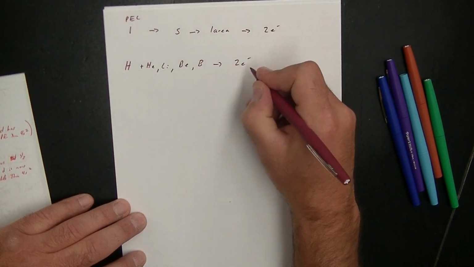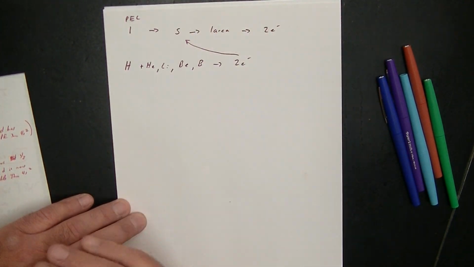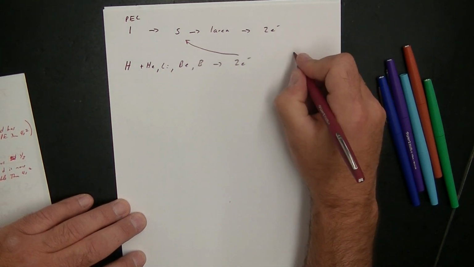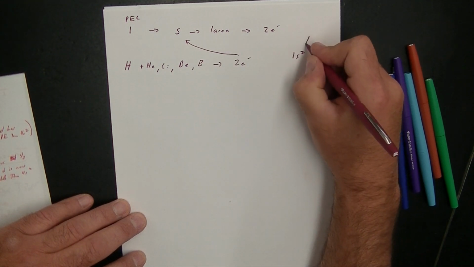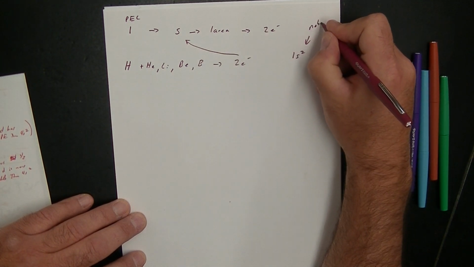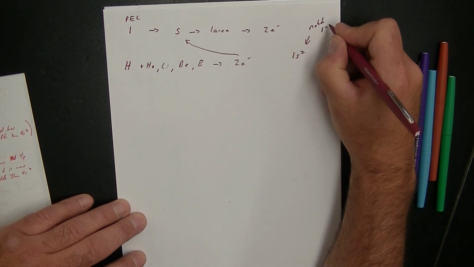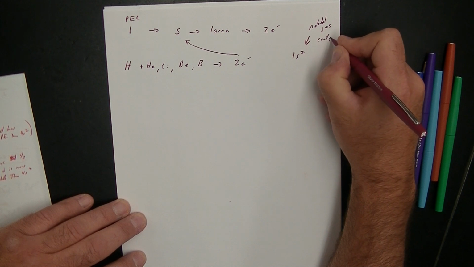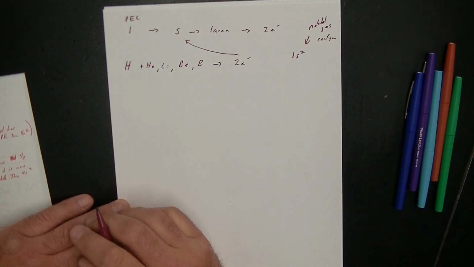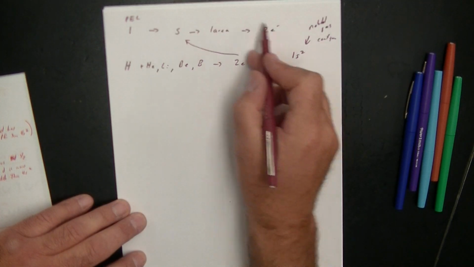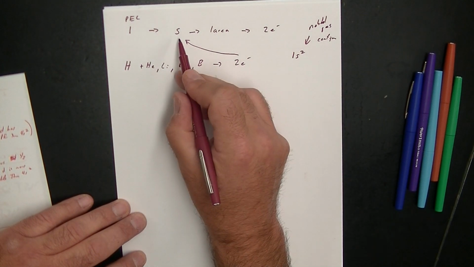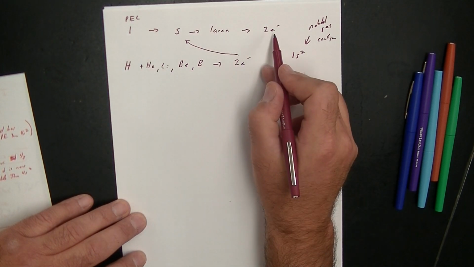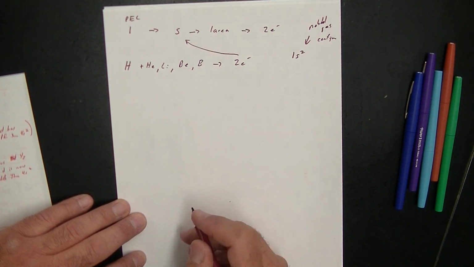And the reason is they're going to fill that 1s orbital. So they get an electron configuration of 1s2, which is a noble gas configuration, which is what atoms like. Once that 1s is full with its 2 electrons, it's very stable.